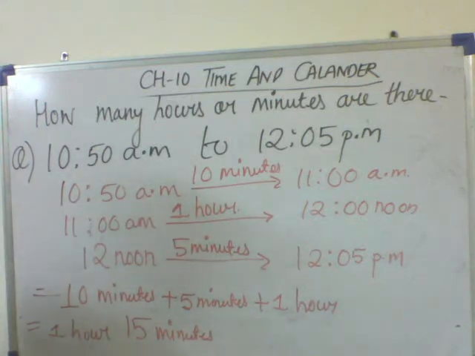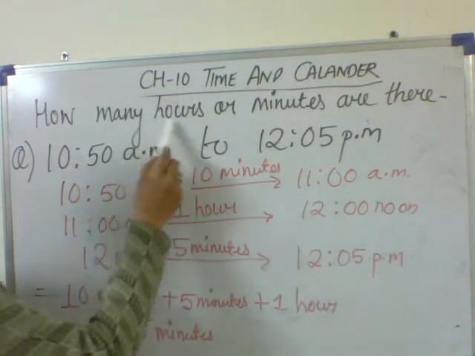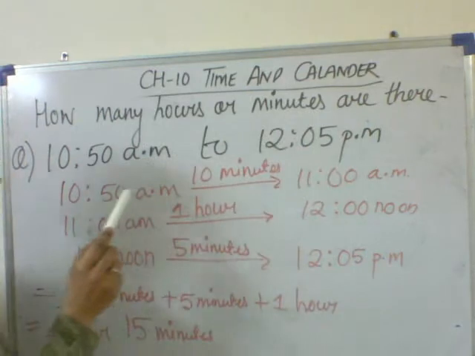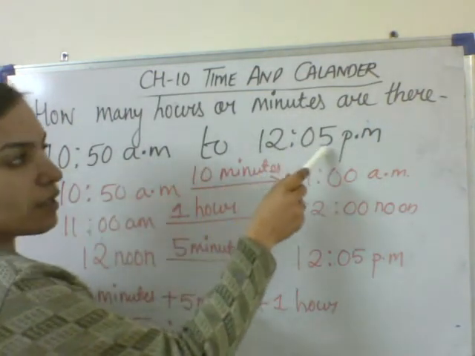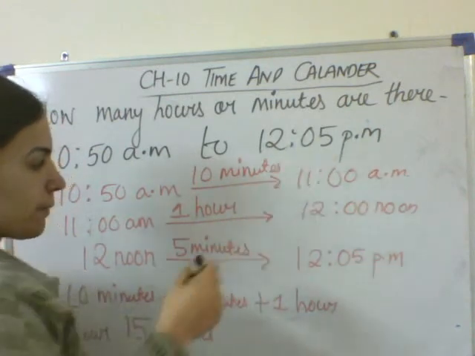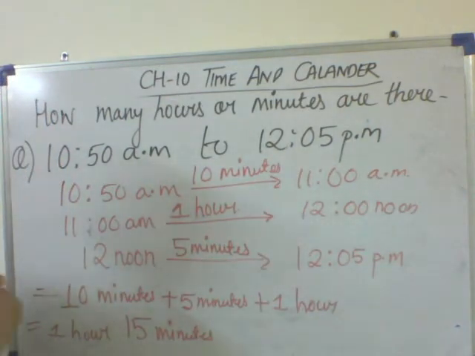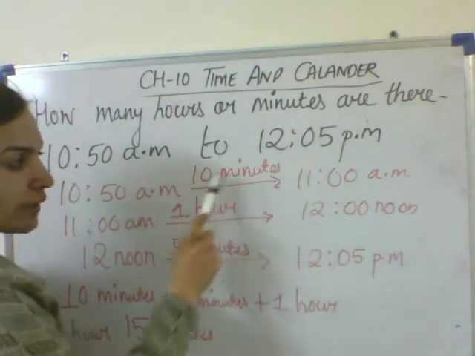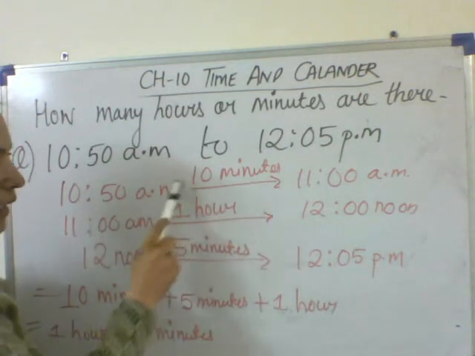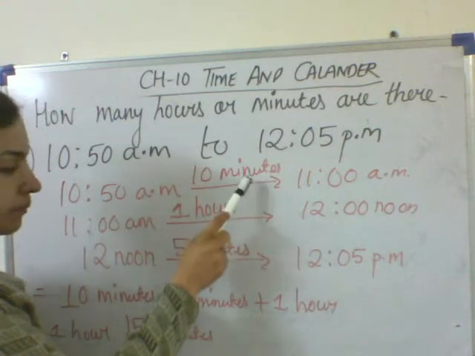So let us revise this question again. Here in this question we have to find how many hours and minutes are there. The timing is 10:50 a.m. to 12:05 p.m. So 10:50 a.m. to 11 o'clock, the gap is 10 minutes.